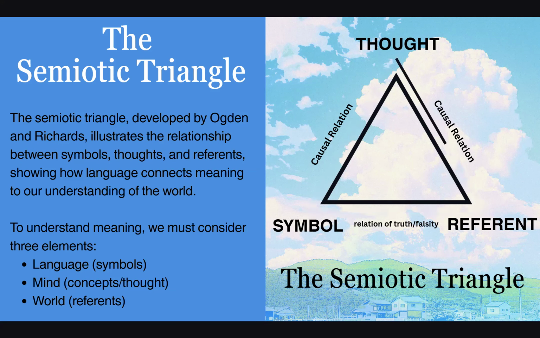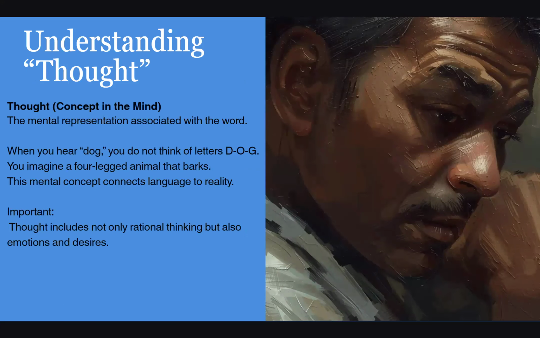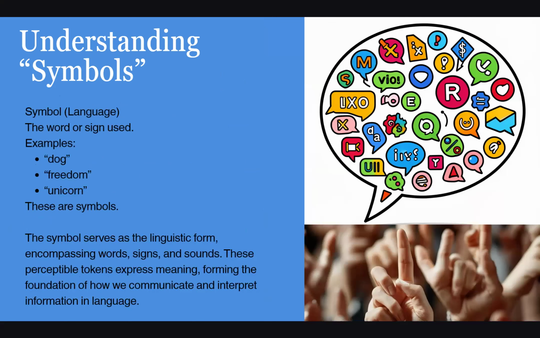That's about thought. And then understanding the symbols. You know that the left point of the triangle is the symbol. Symbol is the most straightforward. The symbol, in this terminology, is whatever perceptible token is chosen to express the speaker's intended meaning.